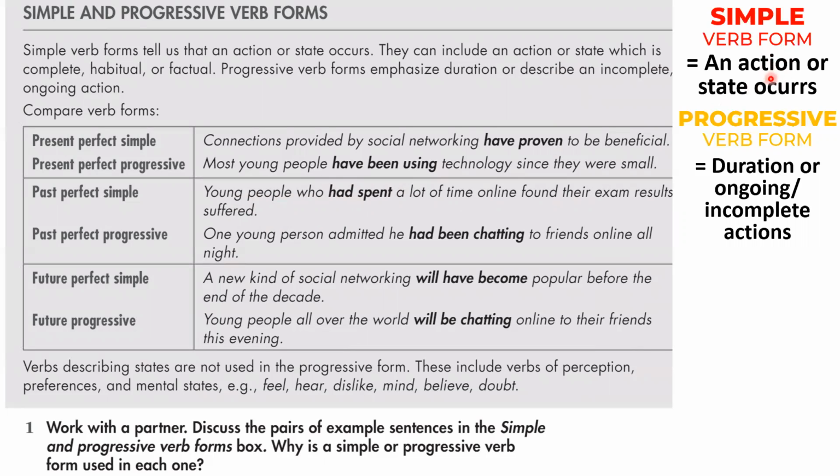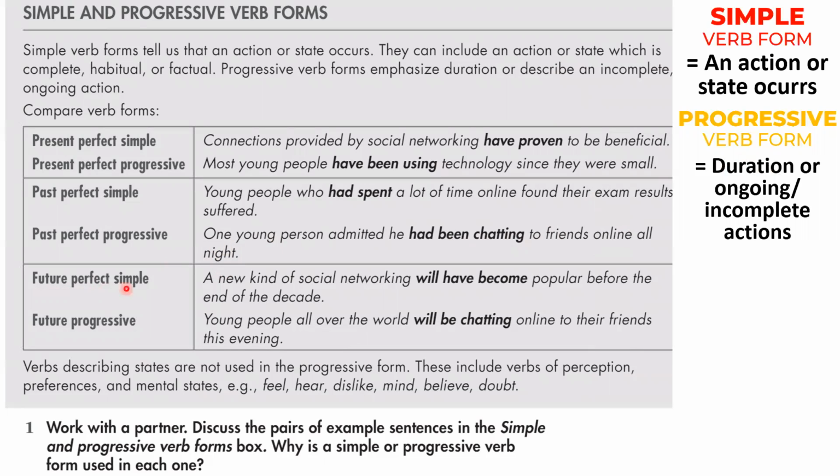This action occurred. But then we have the past perfect progressive that says, "One young person admitted he had been chatting to friends online all night." All right, so in this case, we are emphasizing again the duration of the action. He had been chatting to friends online all night, right?